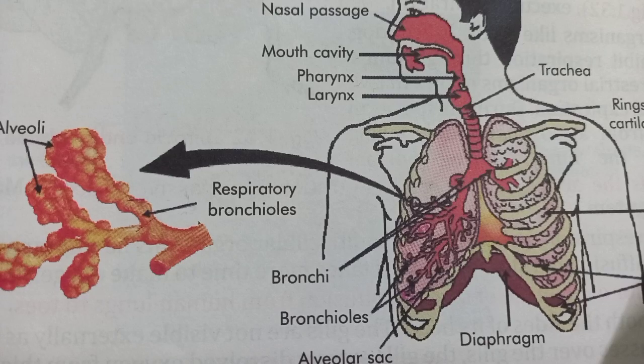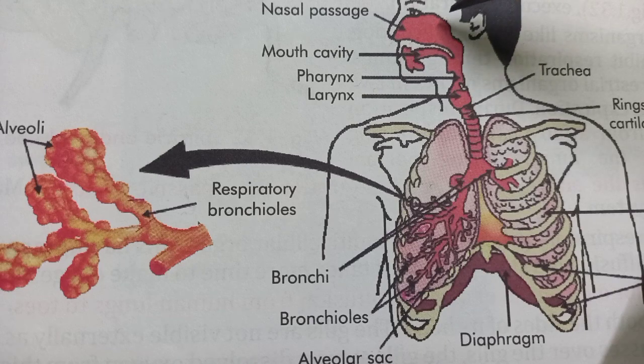Children, now we have to study the nasal passage, and here you see this is the nostril. Then we have a nasal passage or nasal chamber. That nasal chamber opens into internal nares.